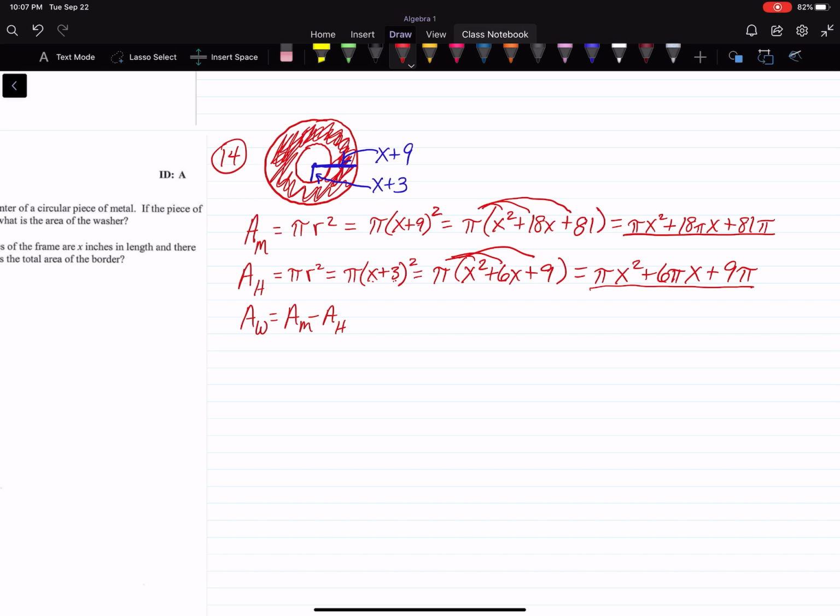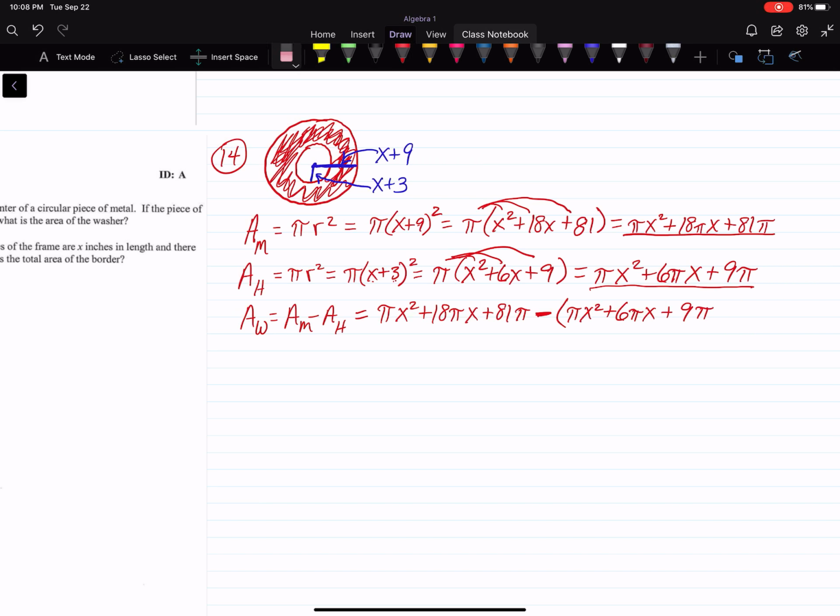And now you simply subtract those two expressions. So pi x squared plus 18 pi x plus 81 pi minus, and I'm going to put this in parentheses because you're subtracting the entire thing, pi x squared plus 6 pi x plus 9 pi.